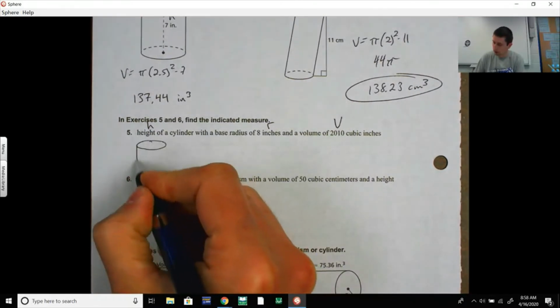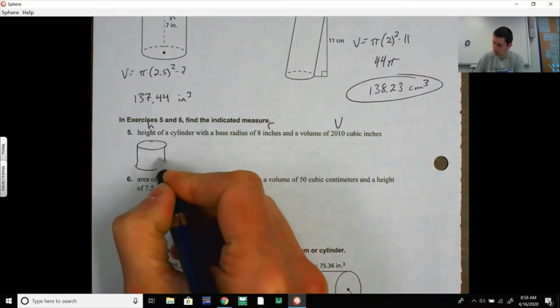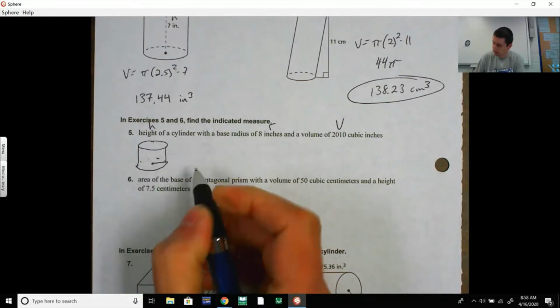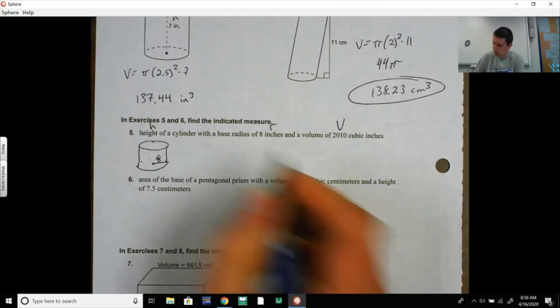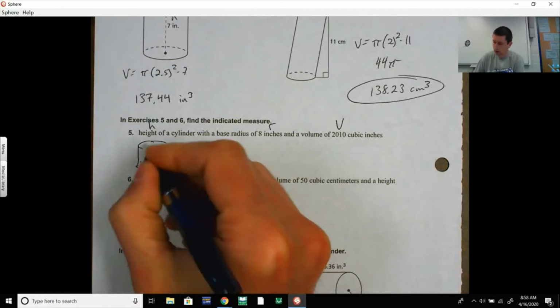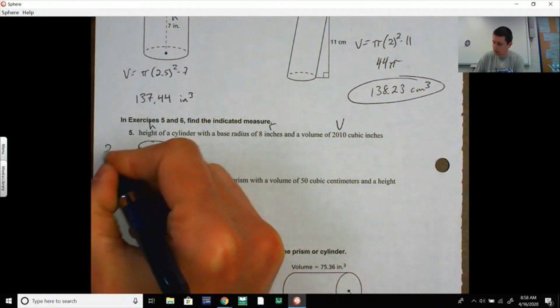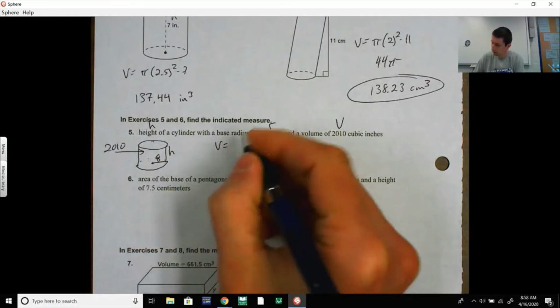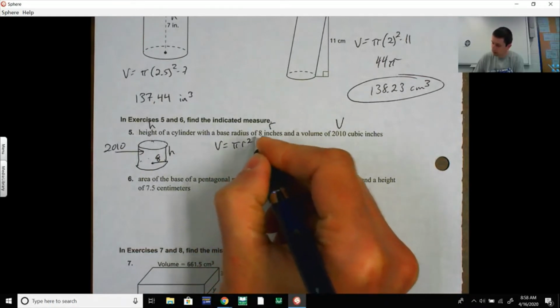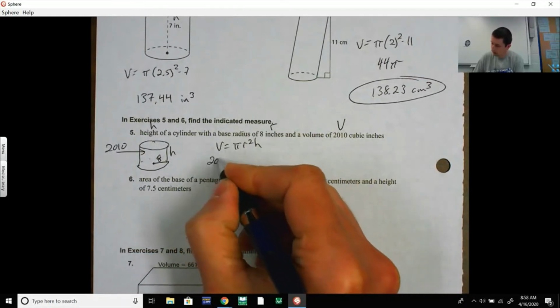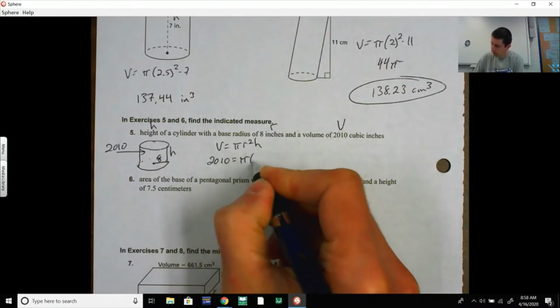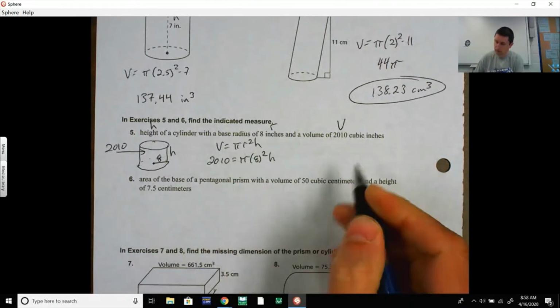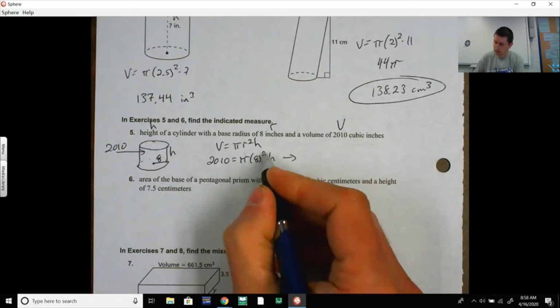So if they give you a shape, what you have here is a radius of your base that is 8 inches. We don't know our height, but we know the volume is 2010. It is a cylinder, so volume equals pi r squared h. So 2010 is pi times 8 squared times h. If you're solving for h, you have to divide by this whole thing.